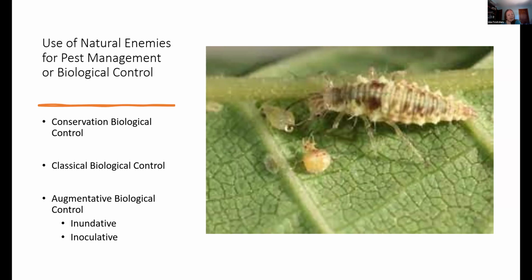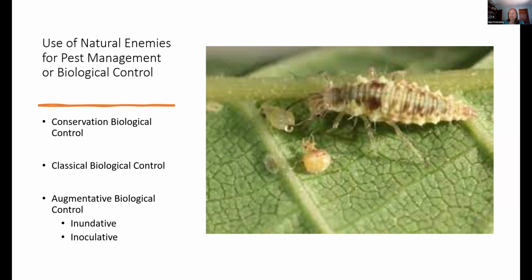Augmentative biological control is actually adding beneficial insects, and generally that's done because they can't maintain and they can't reproduce and stay long term, which is what we hope for with classical biological control.